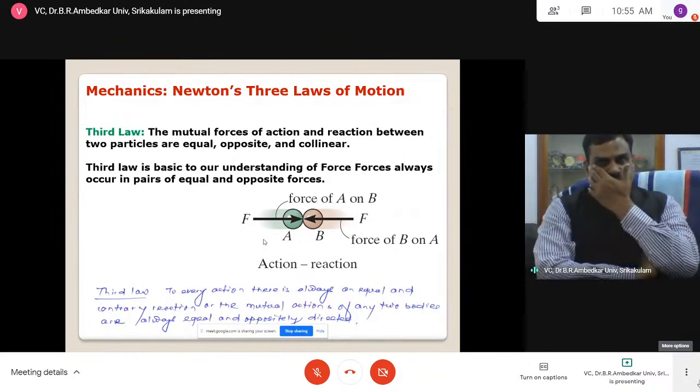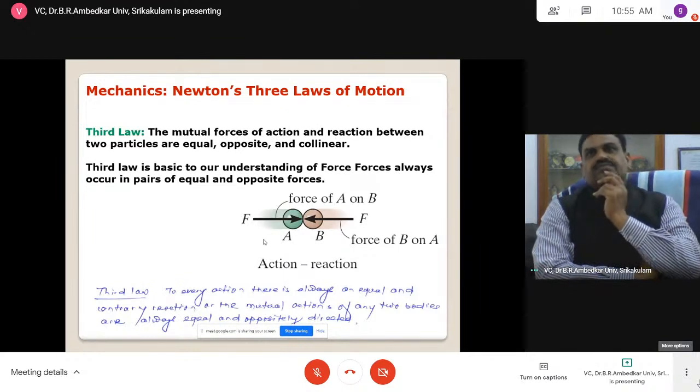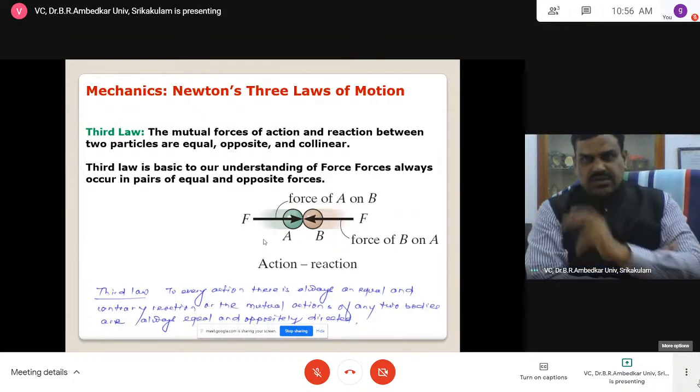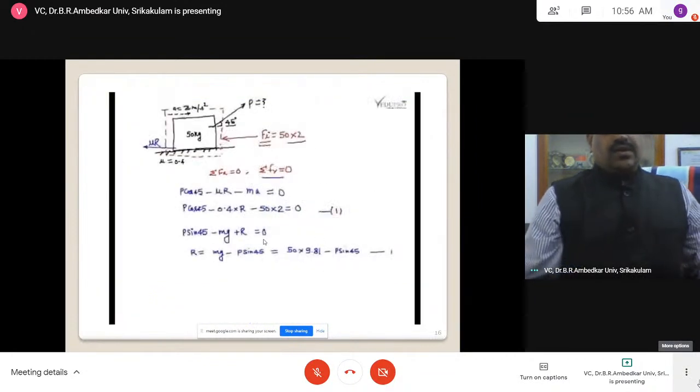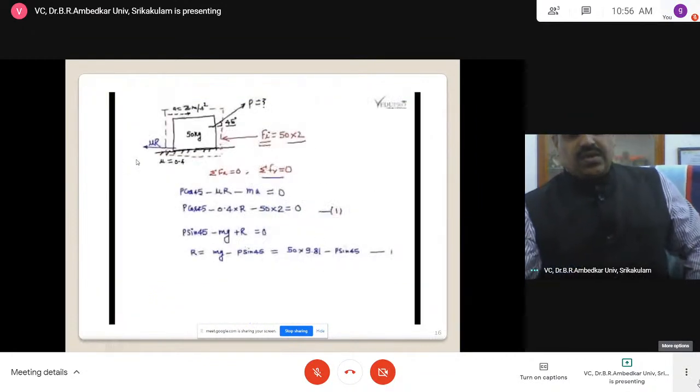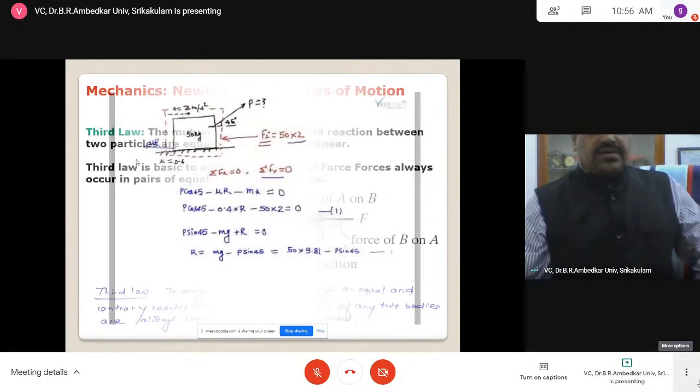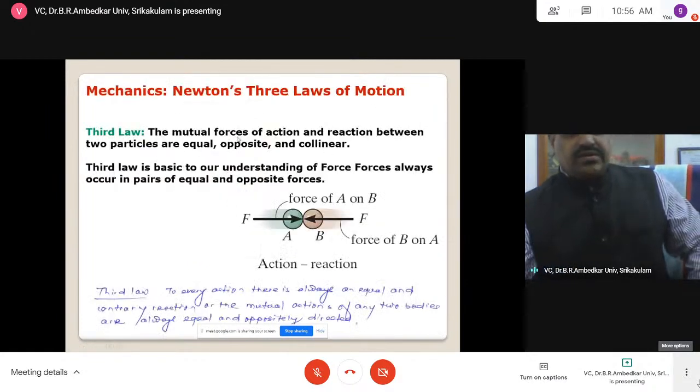That is, the force of A on B and of B on A. Action and reaction. So for every action there is always an equal and opposite reaction, and the mutual actions of any two bodies are always equal and oppositely directed.